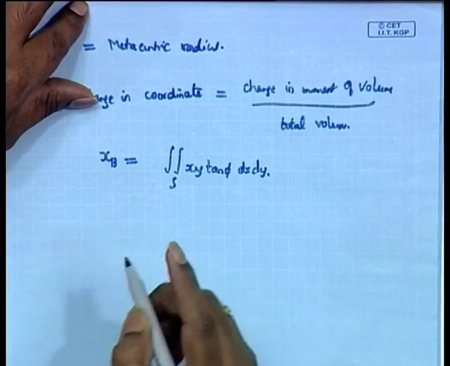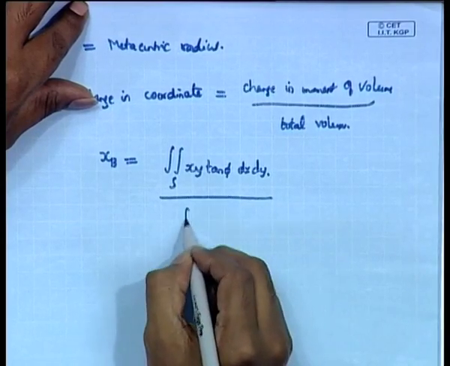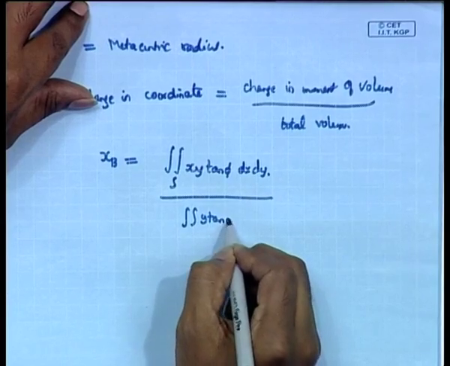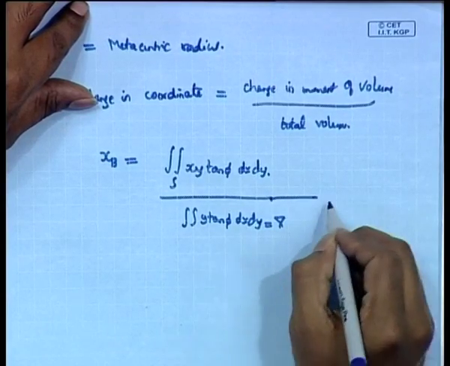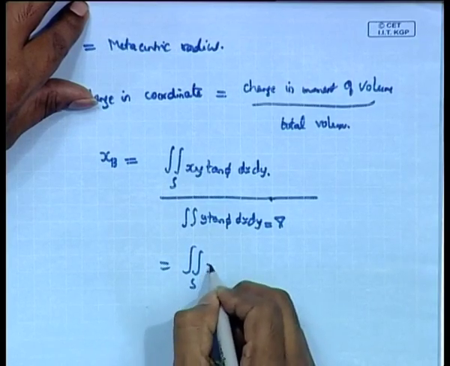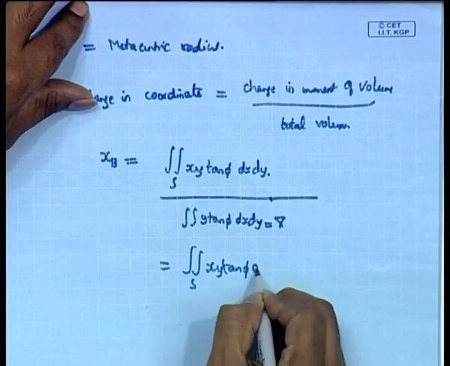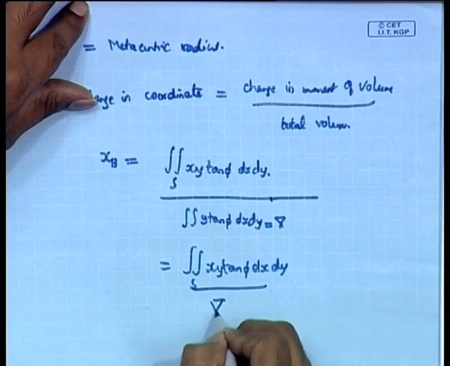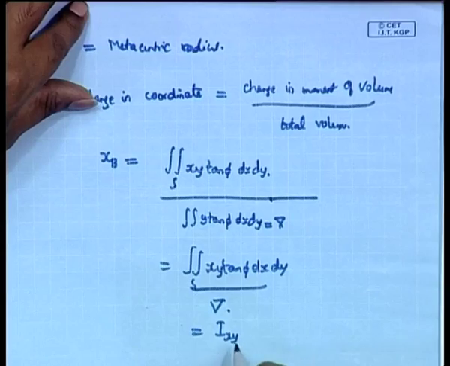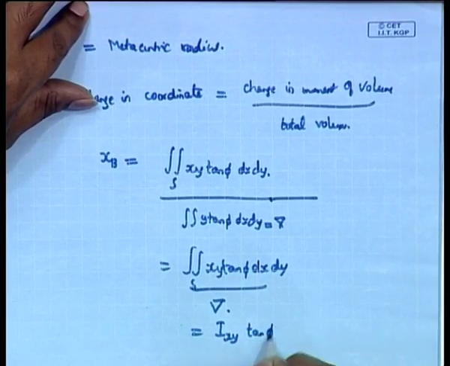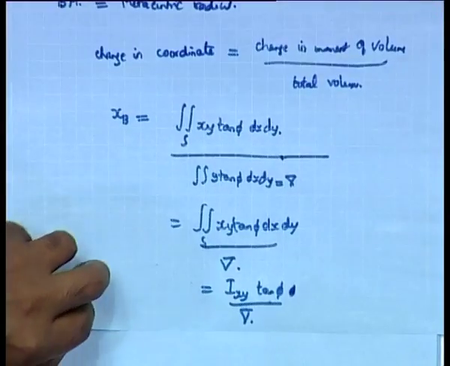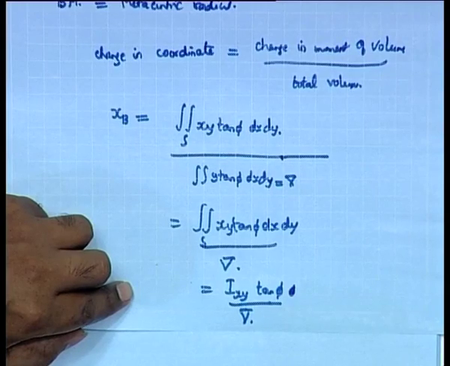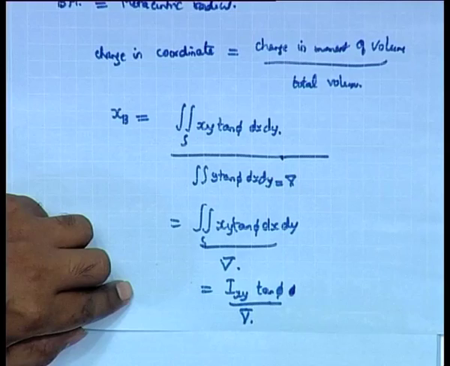So, if you are trying to get the moment, then x into y tan phi dx dy divided by the double integral of y tan phi dx dy, which is equal to del, becomes the double integral of x y tan phi dx dy divided by del, and this is equal to I x y tan phi by del, where I x y is the second moment of area, or the moment of inertia.